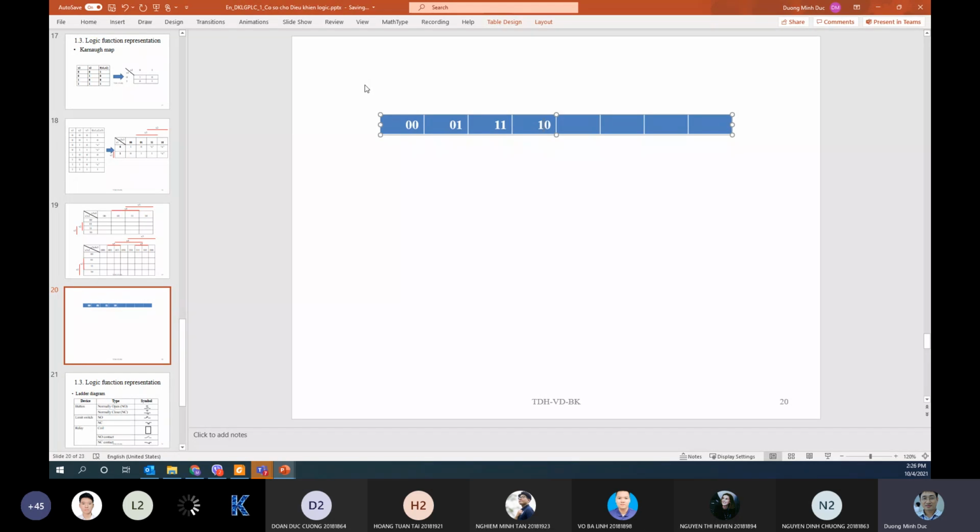Okay, now we extend this one to the 8 blocks. We make the mirroring of this one, and then for the first half we add 0 at the beginning, 0, 0, 0, 0, and for the second half we add 1, 1, 1, 1.